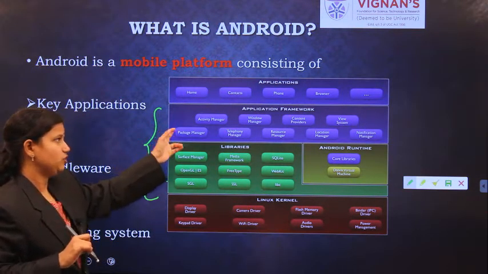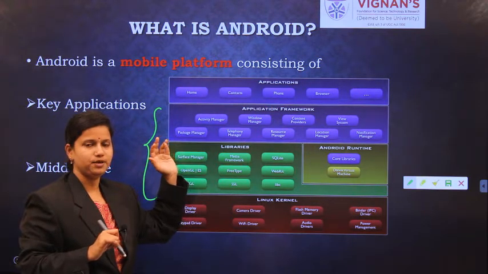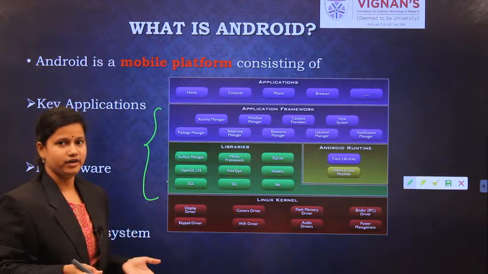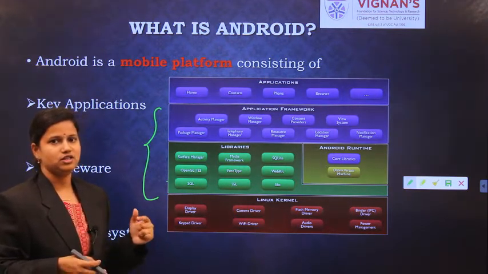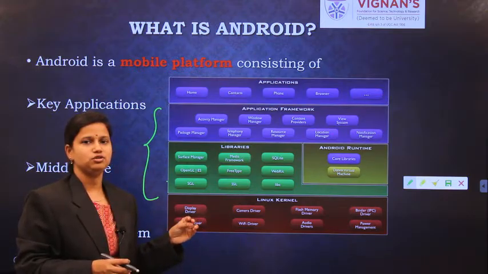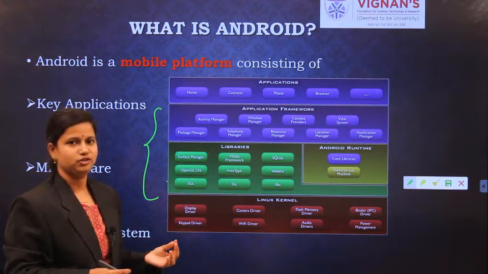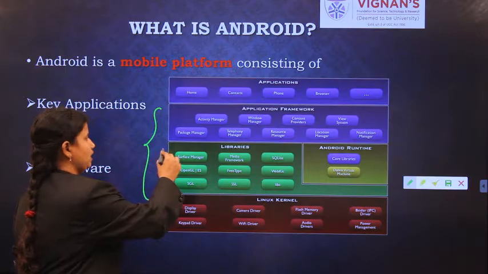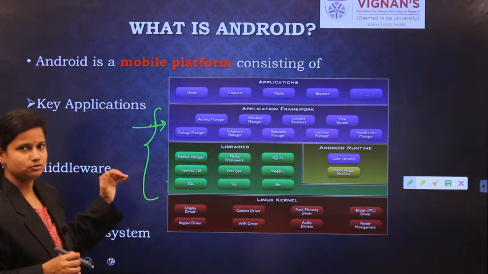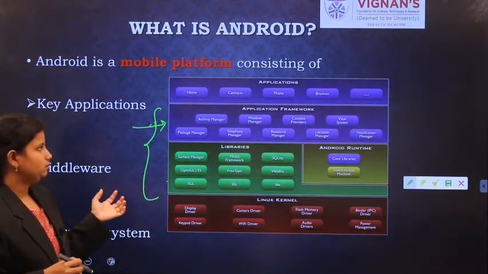The application framework has different manager classes: activity manager, window manager, content provider, view system. The main use of the application framework is to reduce our code. These manager classes help us write a program and reduce the programming.